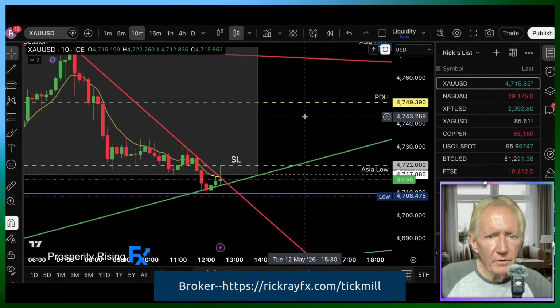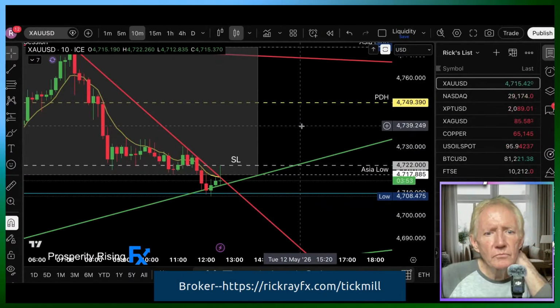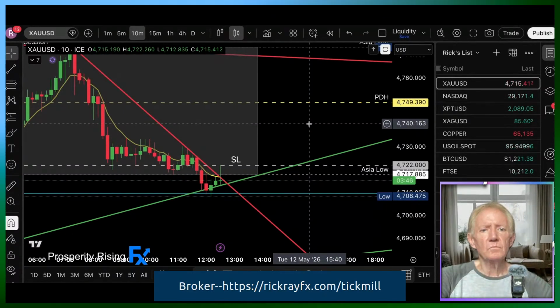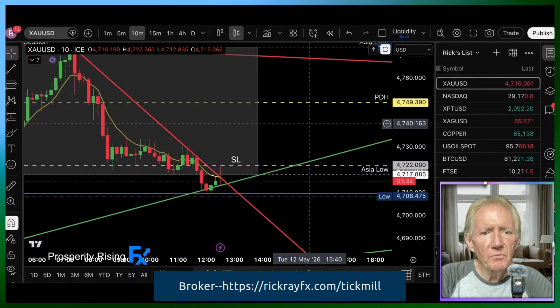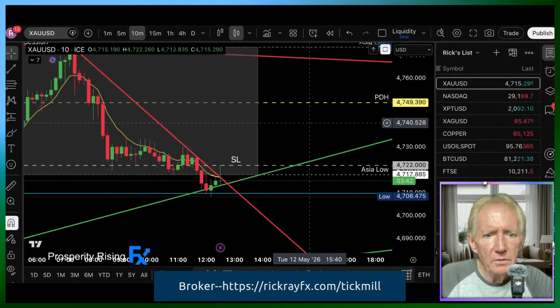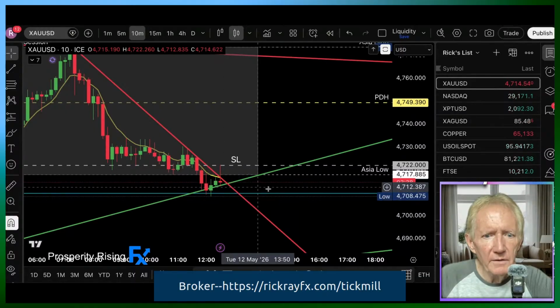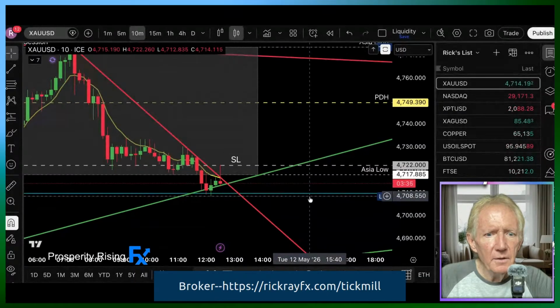Still another 4 minutes on this candle. This is why you should always wait till the candle finishes. It can change so quick. Hey, that looked like a big green candle, and now it's turned bearish.